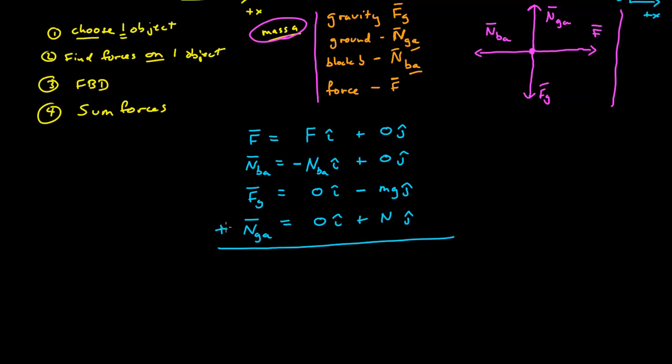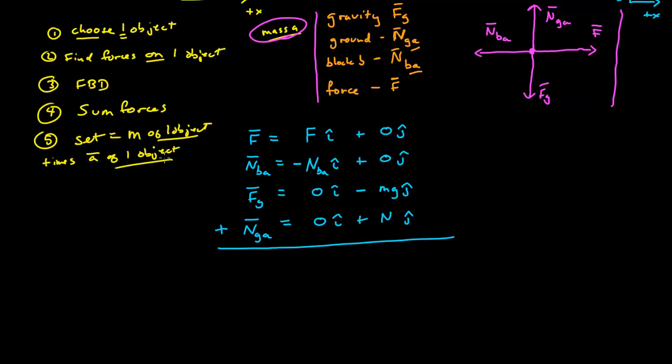So I'm going to vector sum these forces together, and then I want to set that equal to the mass of the one object times a of the one object.